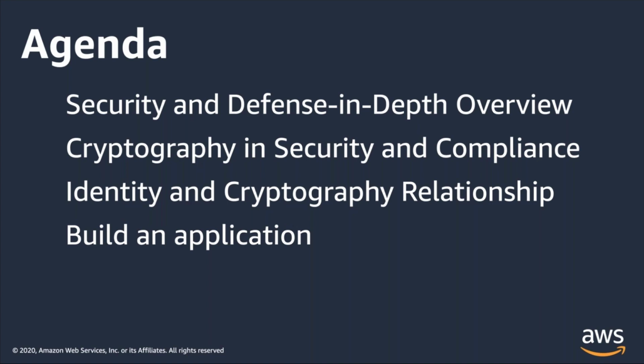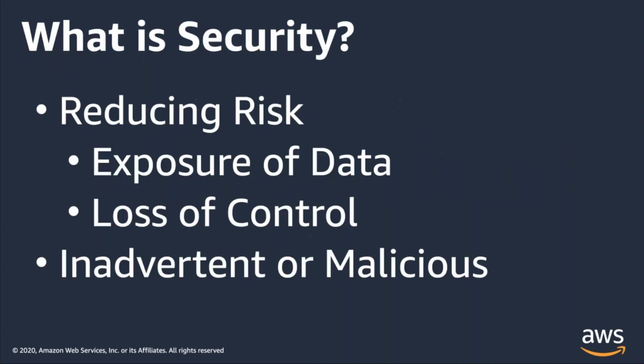Identity without cryptography can be weak, and cryptography without identity controls can be weak. So using those together is really the way to go. And lastly, Paul is going to walk us through building an application using the different AWS cryptography services, so we can learn a little bit about each service and the role that it can play within your AWS cloud environment. So first question is, what is security?